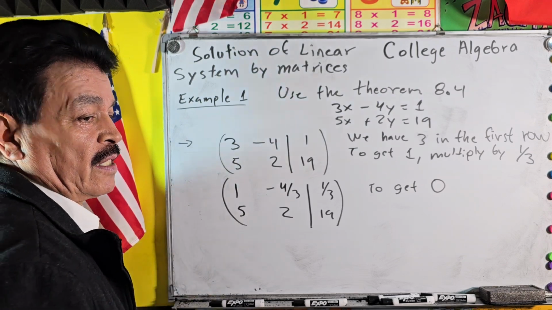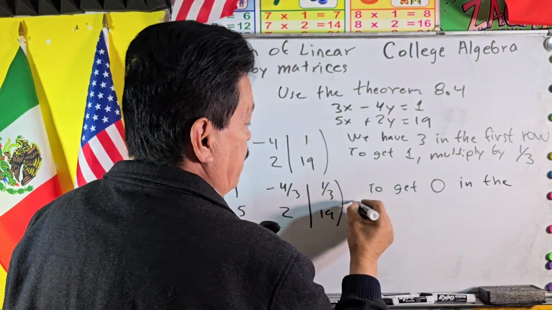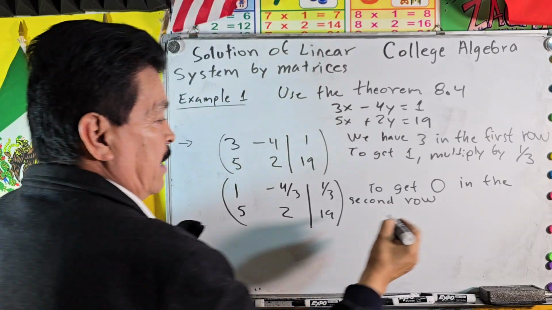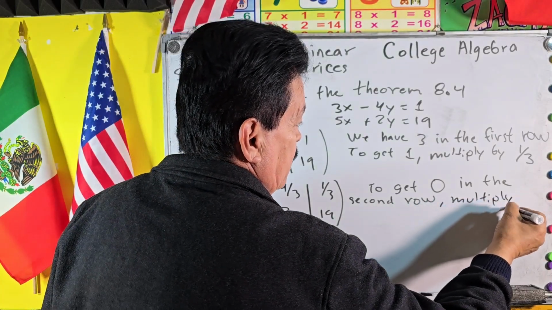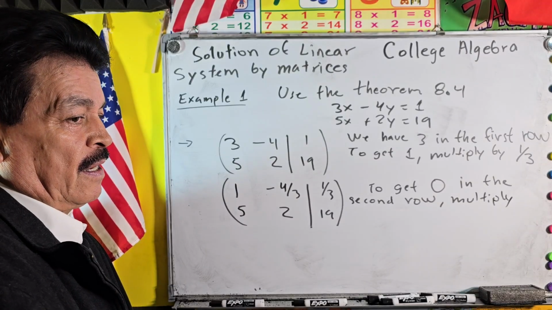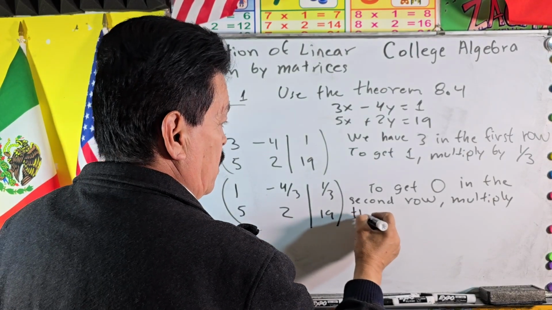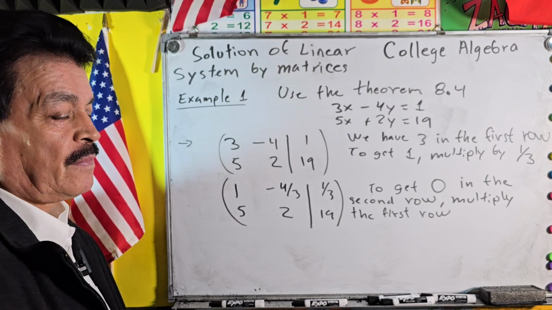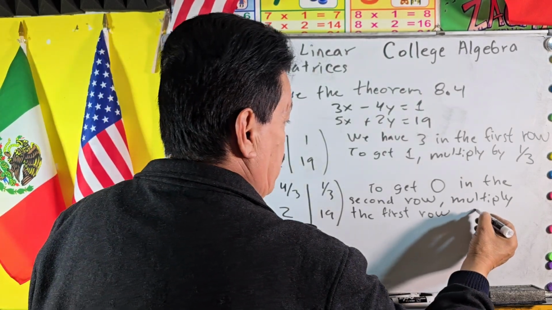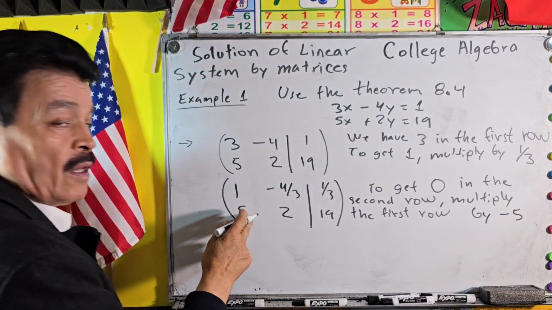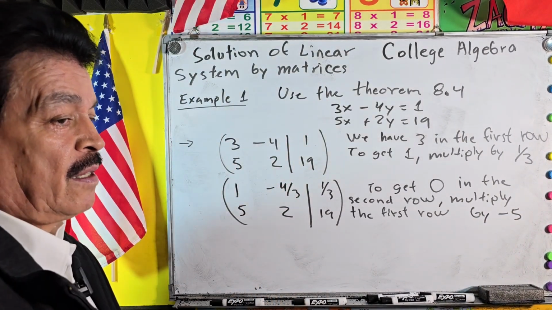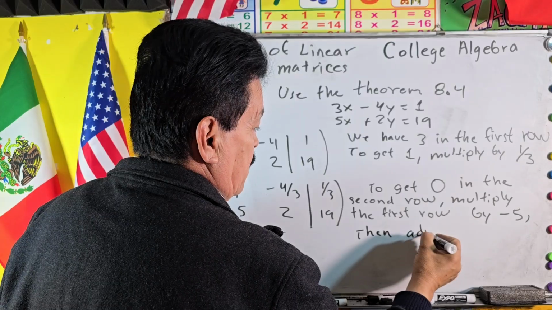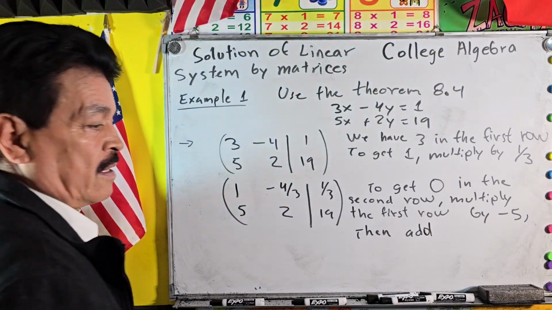To get 0 in the second row, we have to multiply the first row by -5, and then add it to the second row.